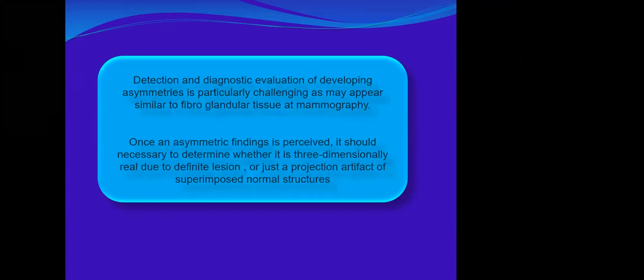Even if it is representing malignancy, it might just appear as fibroglandular tissue. Once an asymmetric finding is perceived, it is necessary to determine whether it is three-dimensionally real due to a definite lesion, or just a projection artifact or superimposition of normal tissue.